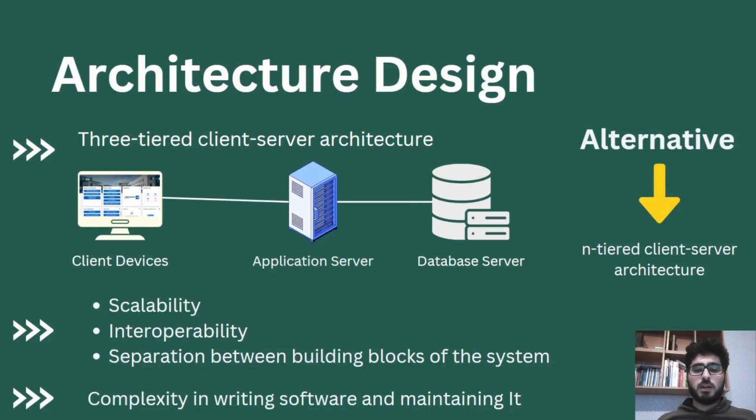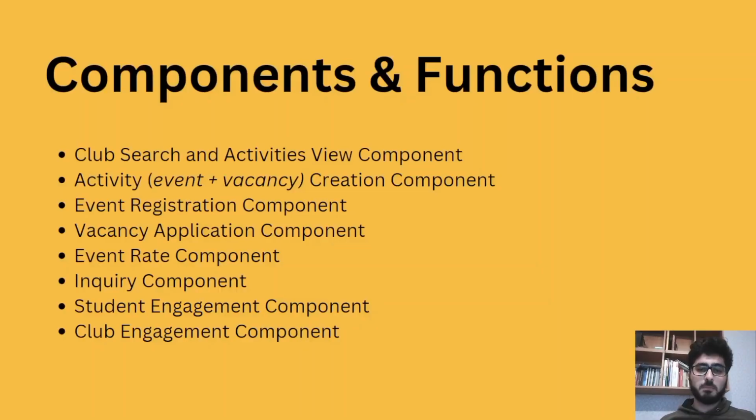While it makes sense to have different servers for different parts of the business logic, we saw that it will create more network traffic because of the communication between those servers. Therefore, we decided to stick with three-tier client-server architecture.